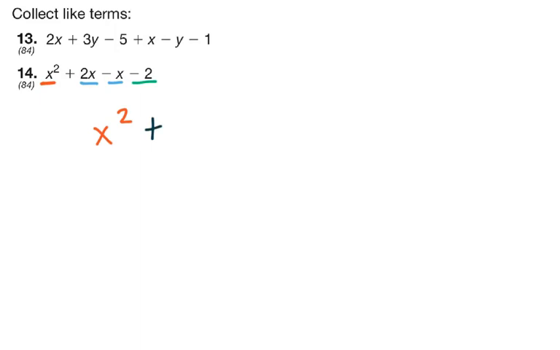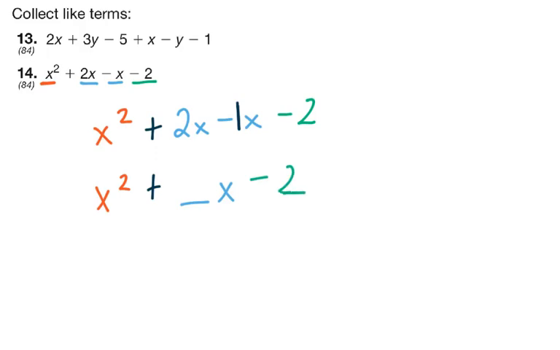And then you have 2x minus x, and then you have a negative 2. So you're going to just write x squared again, and then you're going to tell me how many x's you have. So 2x minus, don't forget your implied 1, minus 1x, and then you just need to write your negative 2 again. And you're going to go ahead and pause the video and finish that one.